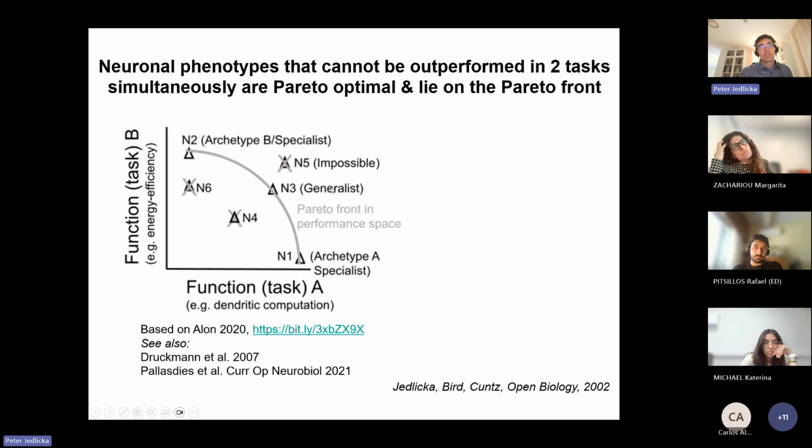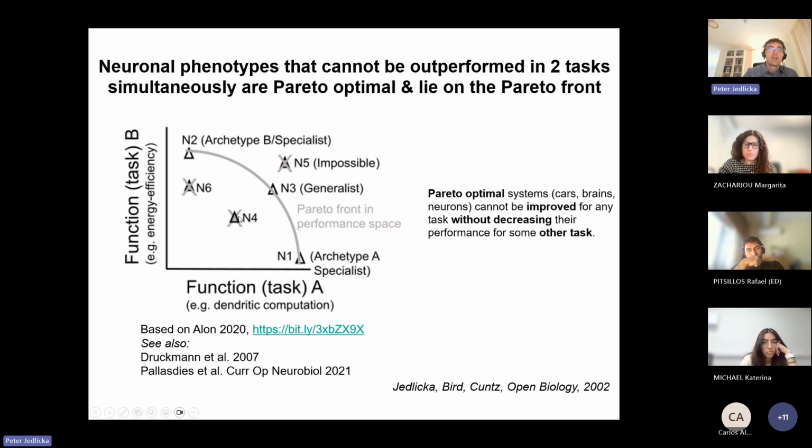We could call them generalists or specialists for task A or for task B. And maybe some neurons don't even exist because evolution removed them from the performance space. So that's the general idea.